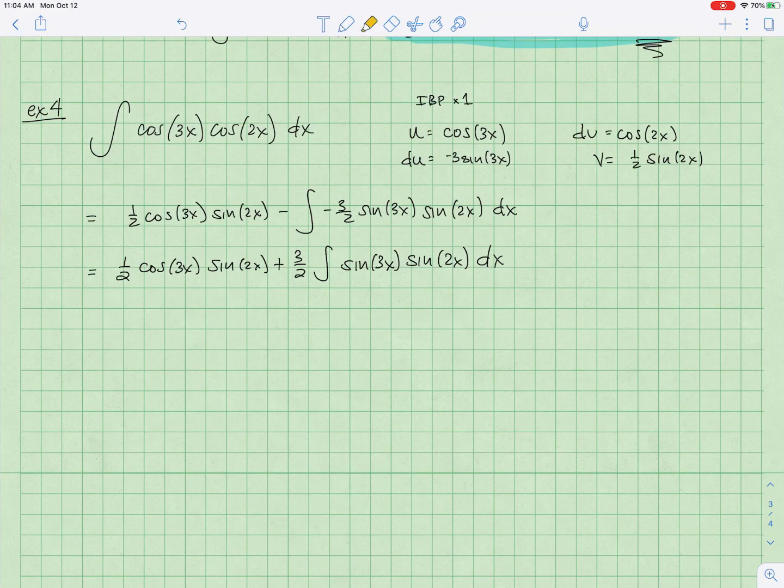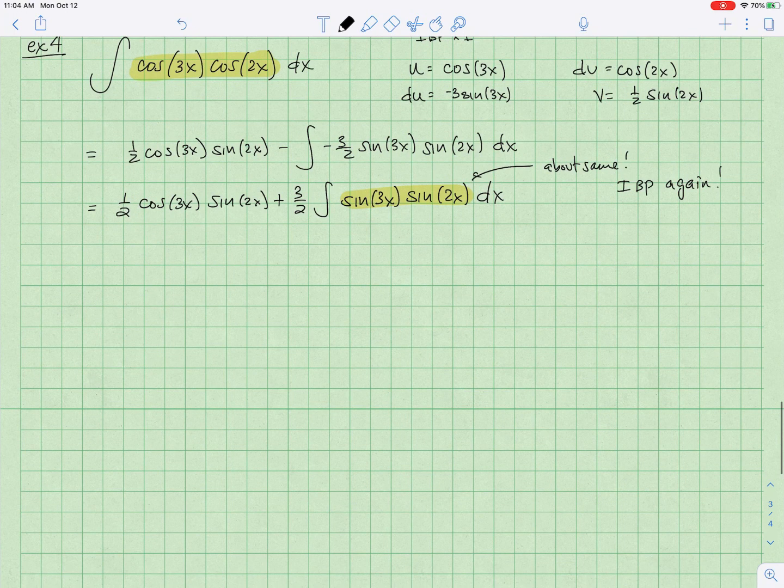Now, in terms of basic integration by parts, when we traded out our integrals, this was about the same. So we haven't done any real damage, so we're going to do integration by parts again. So in our second round, integration by parts round 2, we'll pick a u, and I'll try to be as consistent as I can.